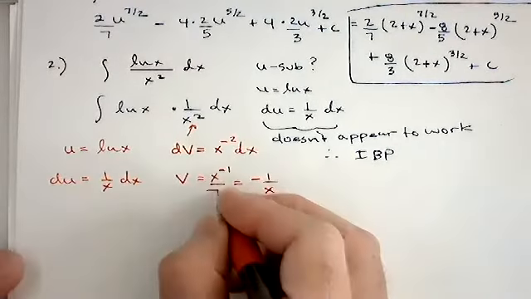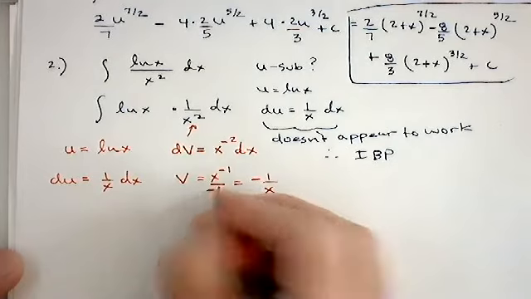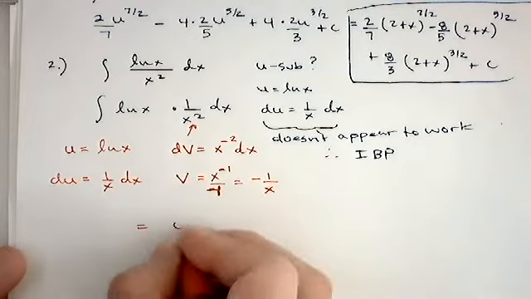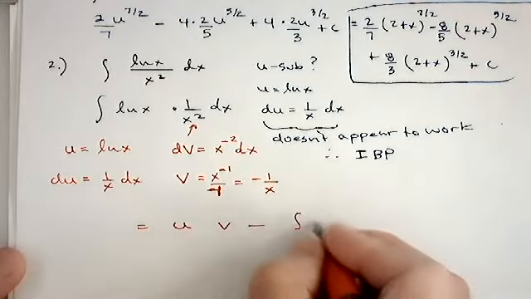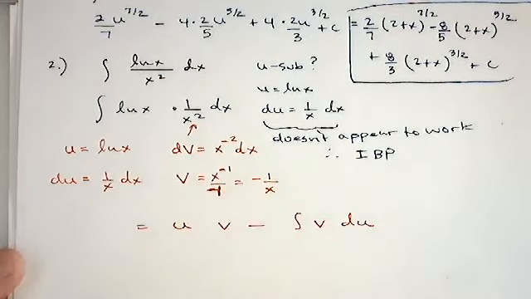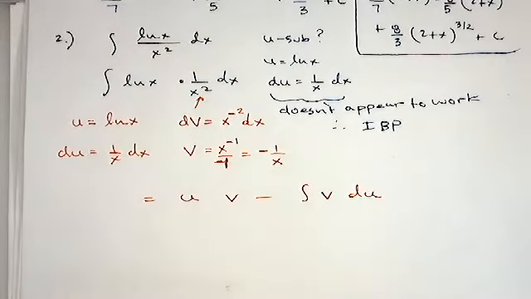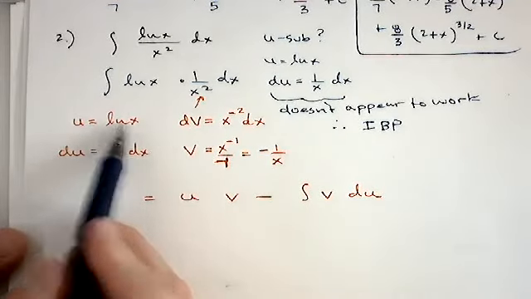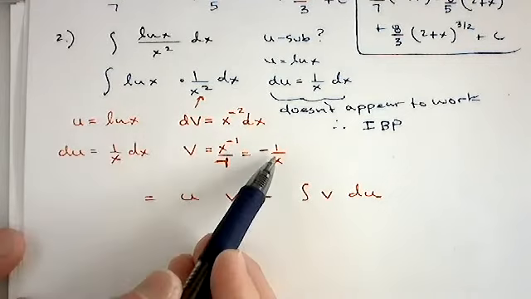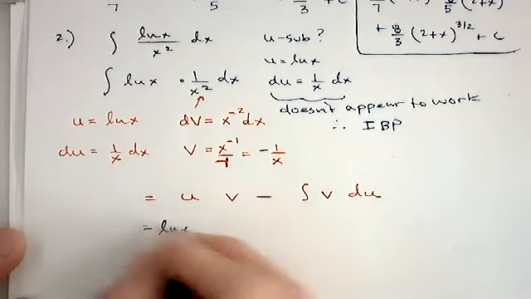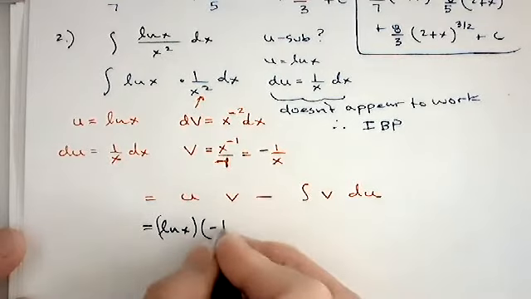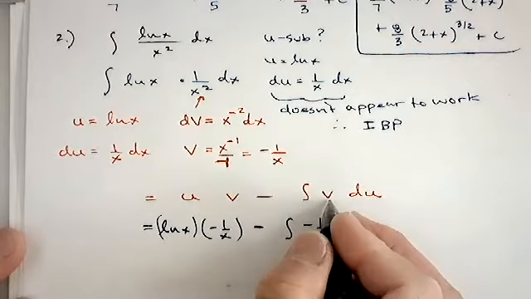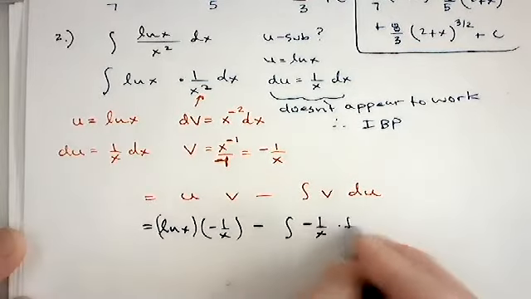And so remember, my formula is, my answer is uv minus the integral of v times du. So then it's u times v, so ln of x times negative 1 over x, minus the integral of negative 1 over x, which is v, times du, which is 1 over x.